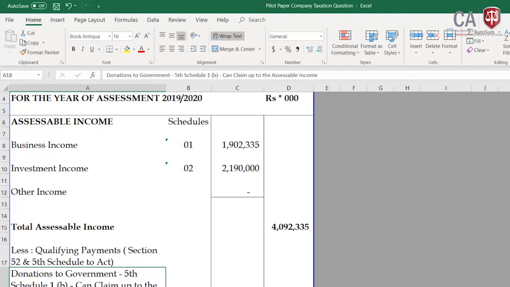You need not go to that extent, but when you are reading that paragraph, adjust this, disallow it in the business income, and you can claim up to the limit. The wording in the Act is to claim up to the level of taxable income, but actually we are not in a position to take the taxable income before the deduction of qualifying payments. Practically we are taking the claim up to the assessable income, but the wording in the Act says up to the taxable income.